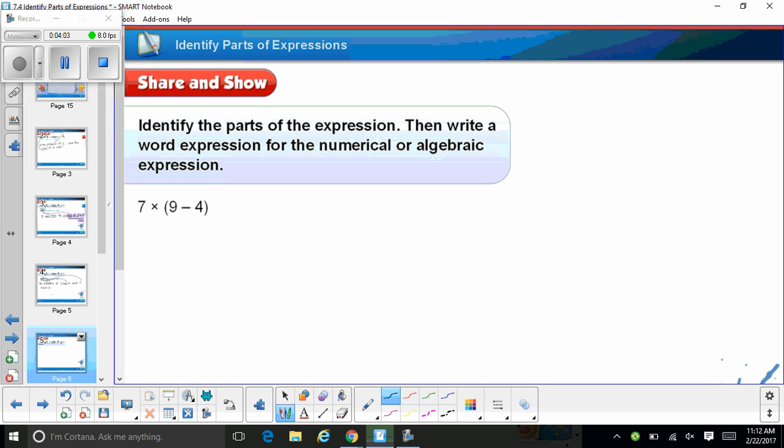Okay, let's try one more. We have a numerical expression here, so 7 times 9 minus 3. And so I see my operations are multiplying and subtracting, and I see I'm using the numbers 7, 9, and 4.